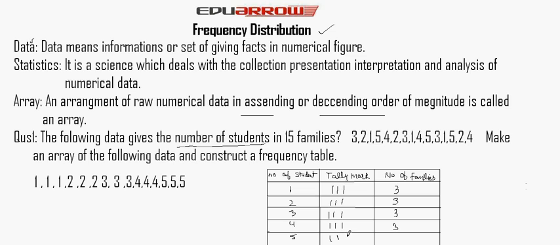Just suppose 4 is 4 times, then we can take 4 tally marks, but in this table there are only 3 times 4, so we remove the extra tally marks. This is the complete solution of the following data.